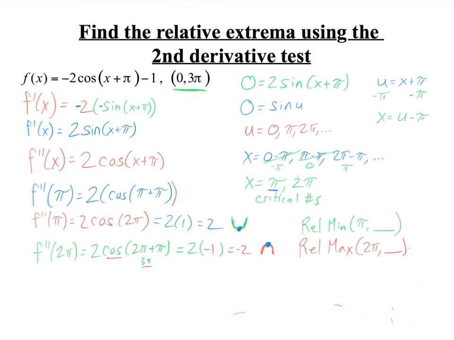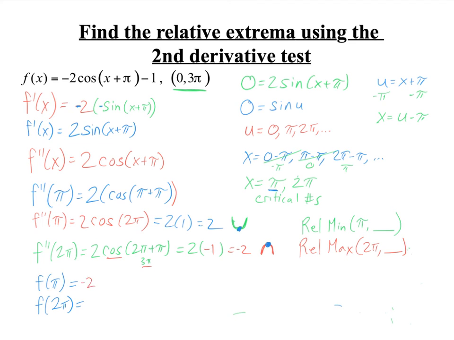You have 3 different functions: a first derivative, a second derivative, and the original. You have to be very careful which one you plug it into. So we are now going to go back and find f of pi and f of 2 pi. So f of pi: we're going to put pi right there.